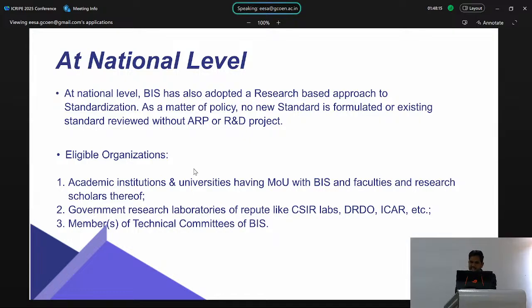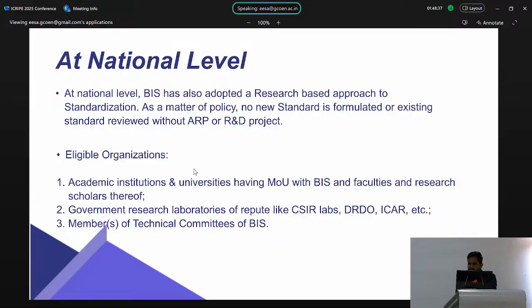This ARP is like an action research project. Earlier, we used to take comments from our stakeholders and publish the standard. But now we carry out research, then prepare a draft standard, circulate it to our stakeholders, and take comments from them.